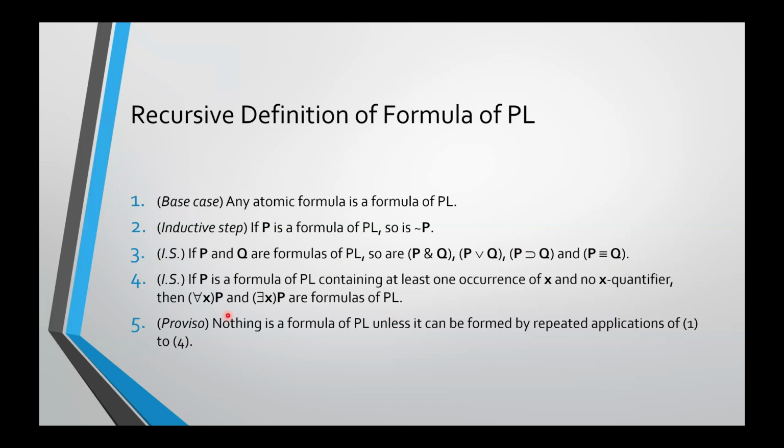This is the new one here. If you have a formula of PL and it has at least one occurrence of a variable x, and there isn't already an x quantifier, then the result of putting a universal quantifier with the variable x or an existential quantifier with the variable x are formulas. And then, of course, we have the proviso, right? Nothing is a formula unless you can form it by repeated applications of 1 to 4.